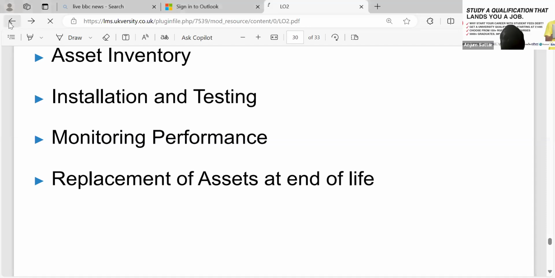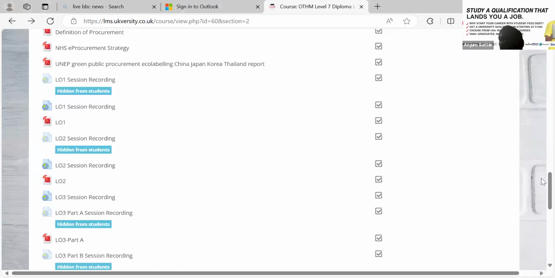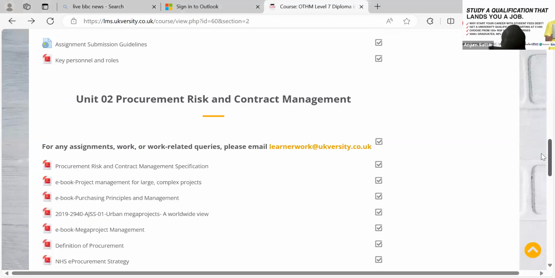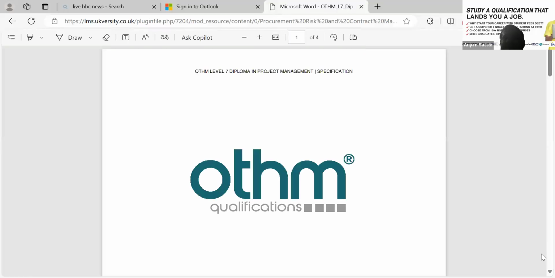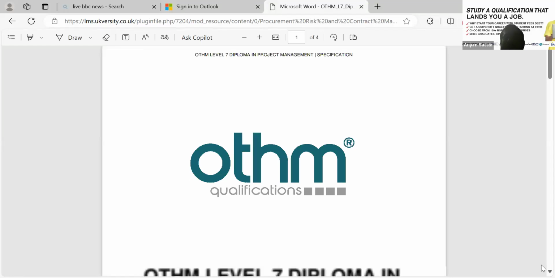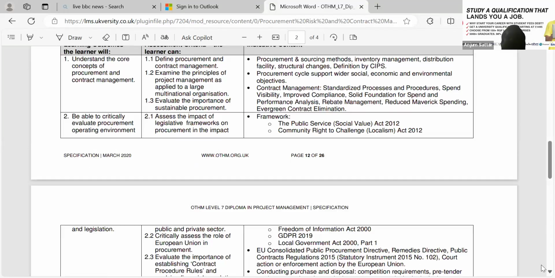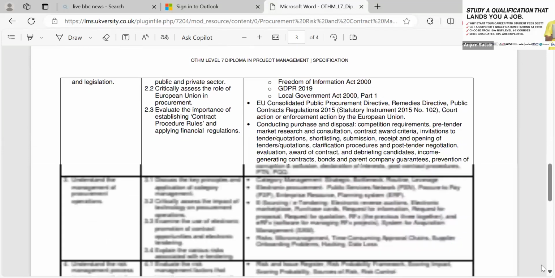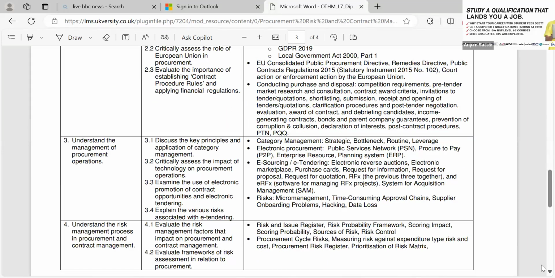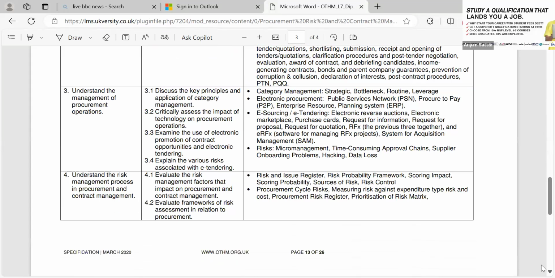In the next lesson we'll go through LO3, learning outcome 3, from the unit specification. We did LO2. So before joining the next lesson, please look at what we are going to do. Our learning outcome 3 is about understanding the management of procurement and operations, with 3.1 key principles, category management, where we will go through ERP, enterprise resource planning, and key procedures to pay.